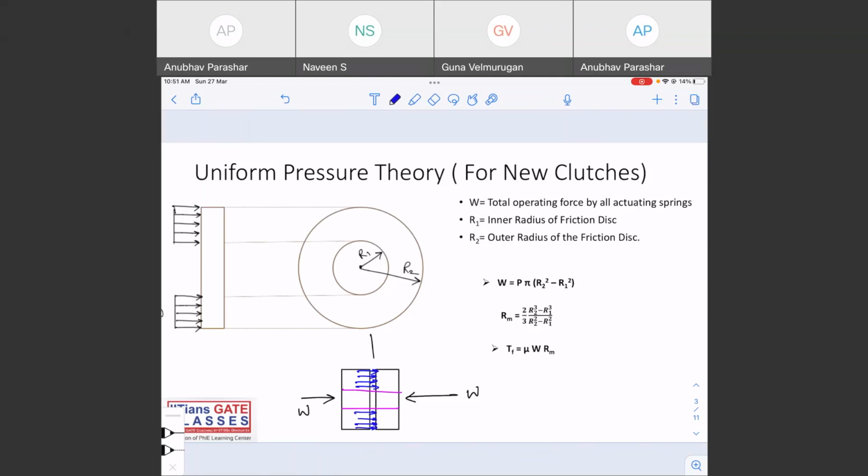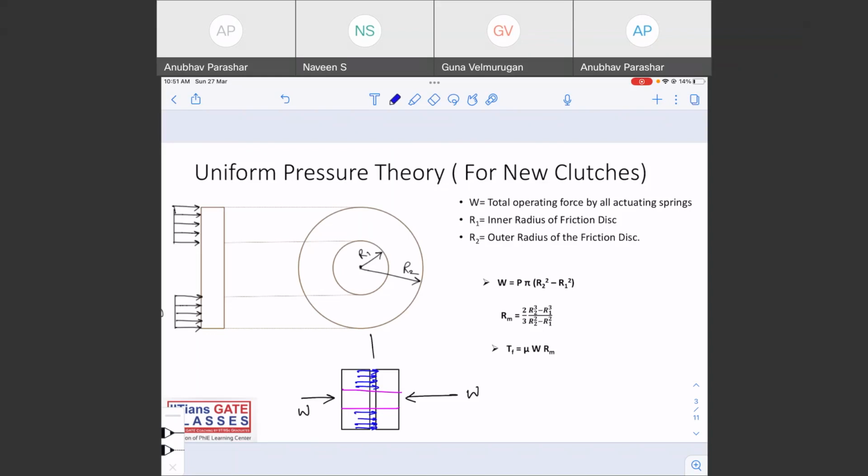Uniform pressure theory says that the pressure will be uniform throughout the friction surface. Why so? Because the clutch is new, there is no wear and tear, so it is the same everywhere.